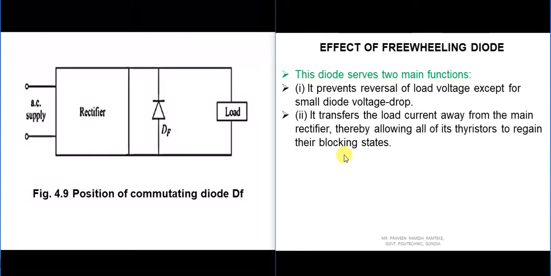It transfers the load current away from the main rectifier, thereby allowing all of its thyristors or SCRs to regain their blocking states. So these are the two main functions of the freewheeling diode.